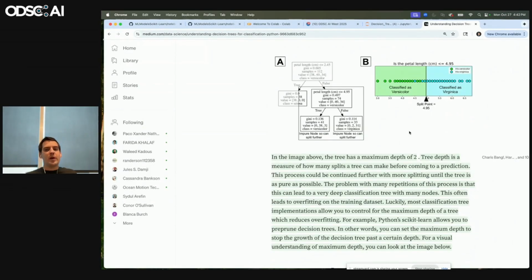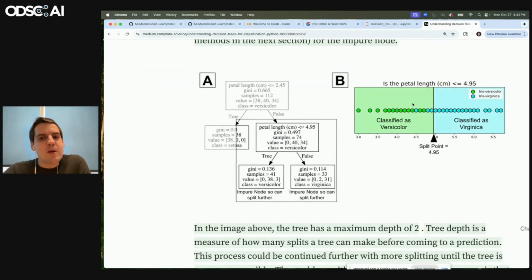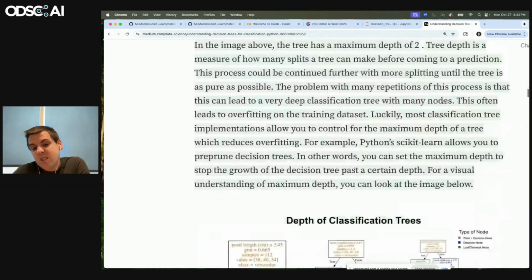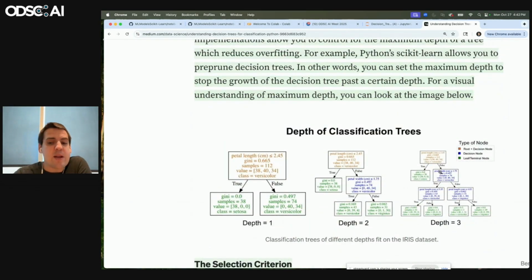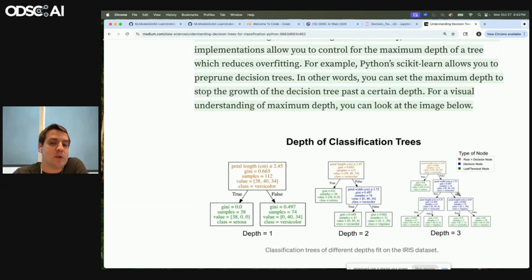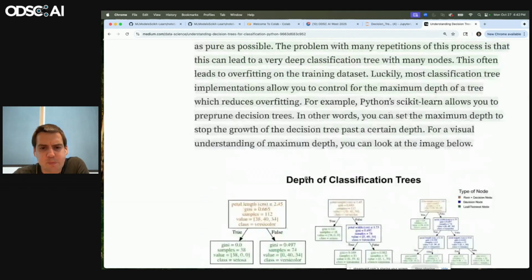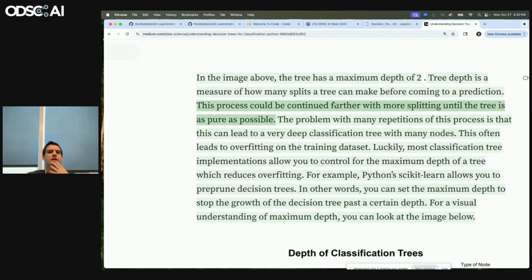If you look at this diagram, I'm still not separating out perfectly. Maybe I can have another question. In theory, you can have more and more questions, a maximum number of questions allowed before it comes to a prediction, and in theory, you can have a better model. One thing to note here is that maximum depth is how much you let a tree grow. Maximum depth is a hyperparameter.